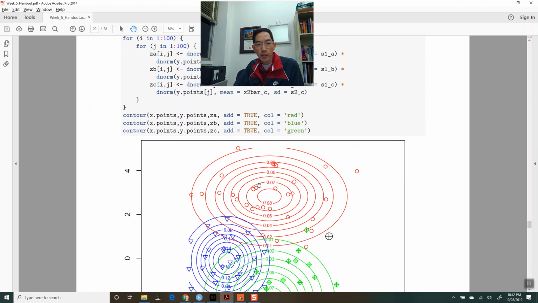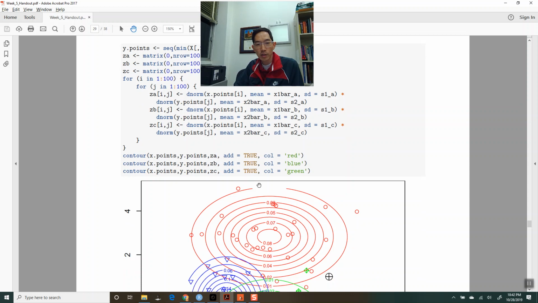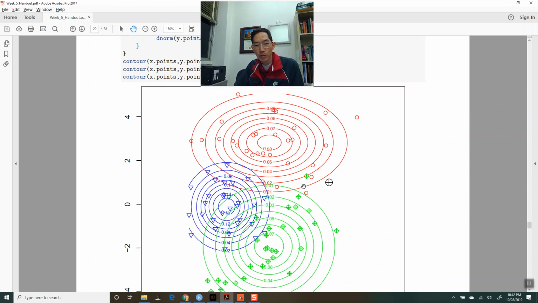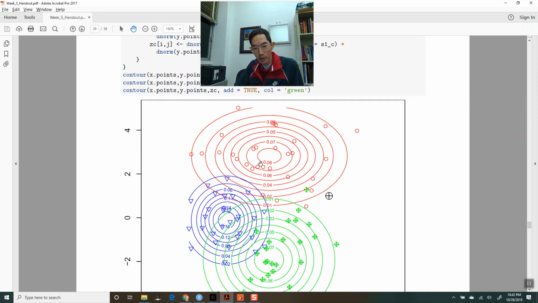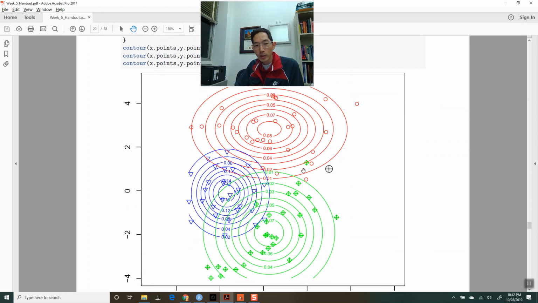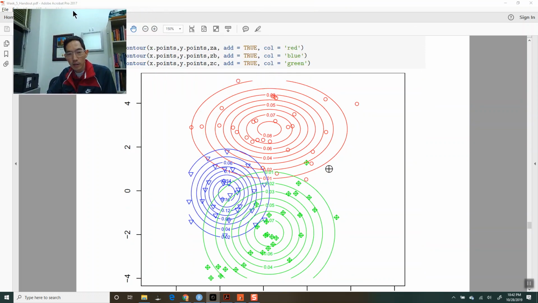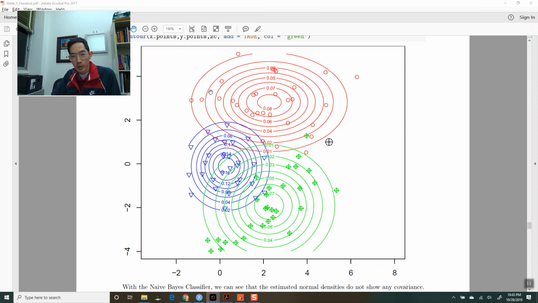As far as the densities go, they're just going to be the product of two univariate normal densities, and you can see that when I calculate the contours. The result is that the contours show no covariance. The major and minor axes are parallel to the x1 and x2 axes and perpendicular to each other.